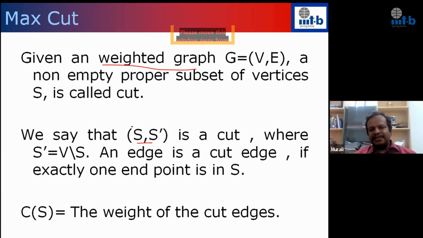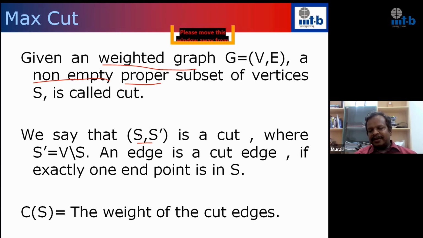The only condition is that S has to be a non-empty set, and it should be a proper subset. It should not be the entire V. If S is a proper subset and it's not empty, the same property is also true for S dash. If S is empty, then S dash will be the whole set. If S is the whole set, then S dash will be empty.